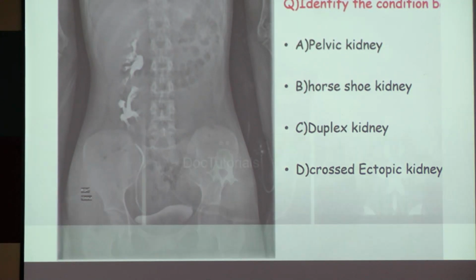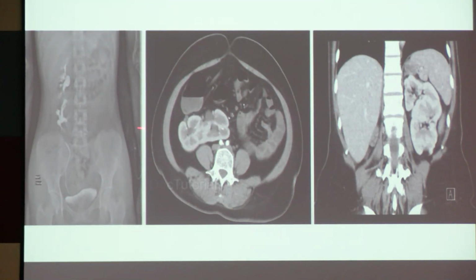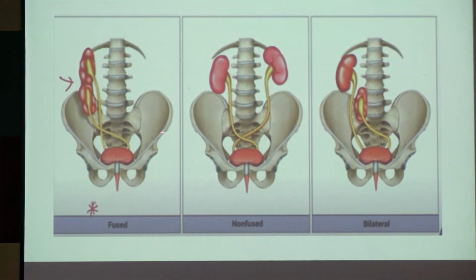Now this crossed ectopic kidney can also be of two different types. I'll just show you that. If this crossed ectopic kidney is fused together, something like this, it is called crossed fused ectopia, a very famous MCQ. Crossed fused ectopia is two systems on the same side but both kidneys together.